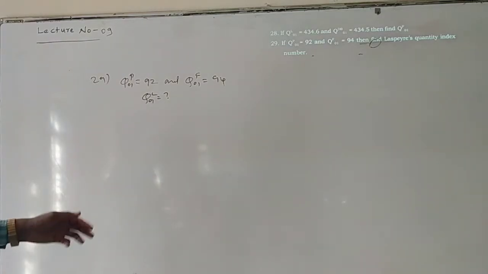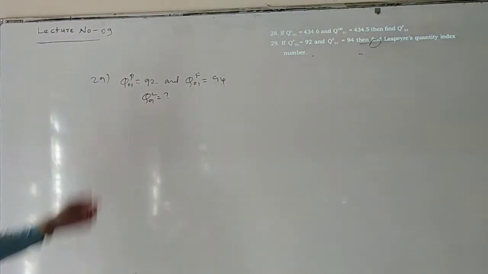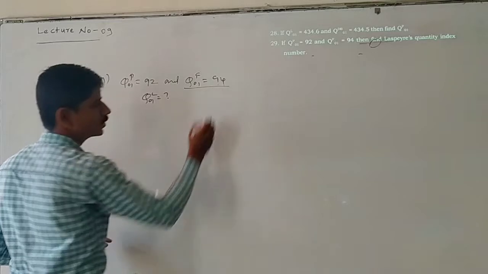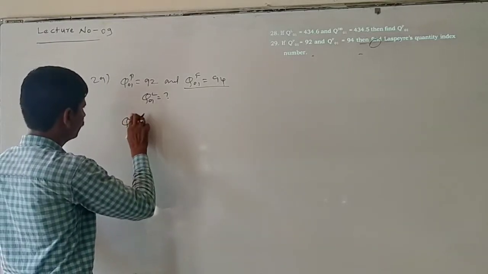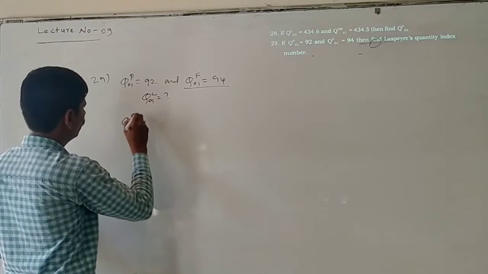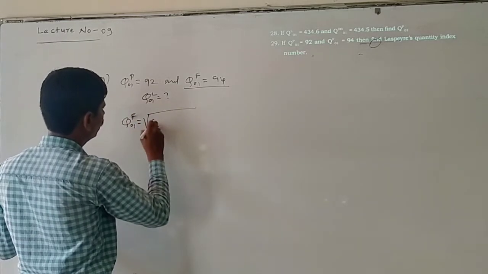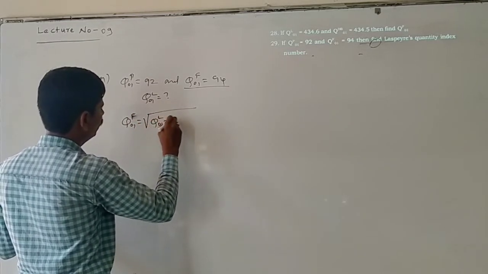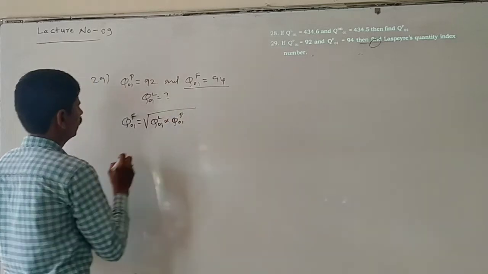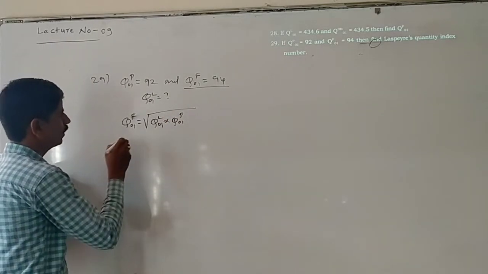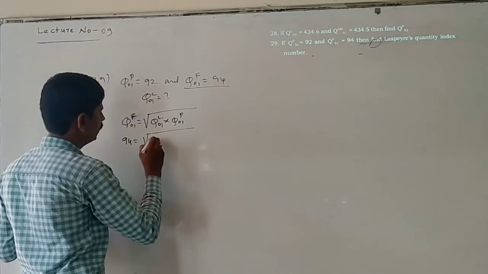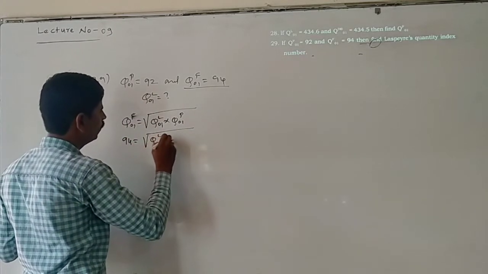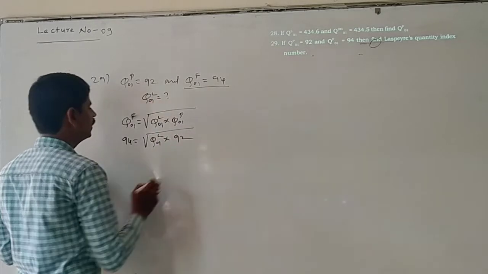Here they are given Q01P, Q01F and Q01L, so we have to apply Fisher's quantity index number relation, that is Q01F equal to under root of Q01L into Q01P. Then substitute the values: Q01F is 94, Q01L as it is, and Q01P value is 92.